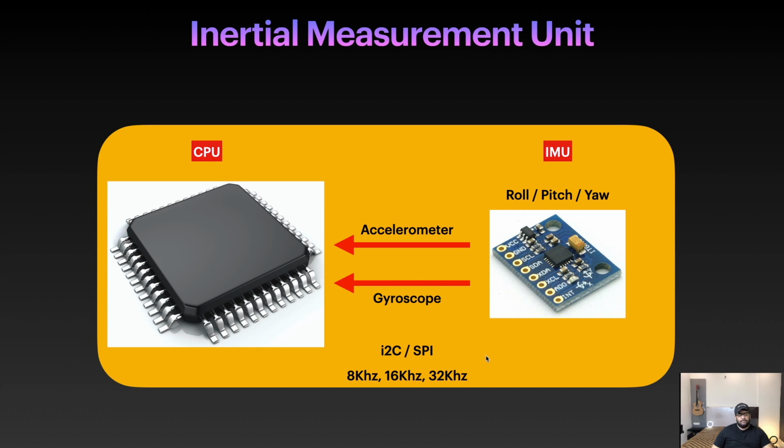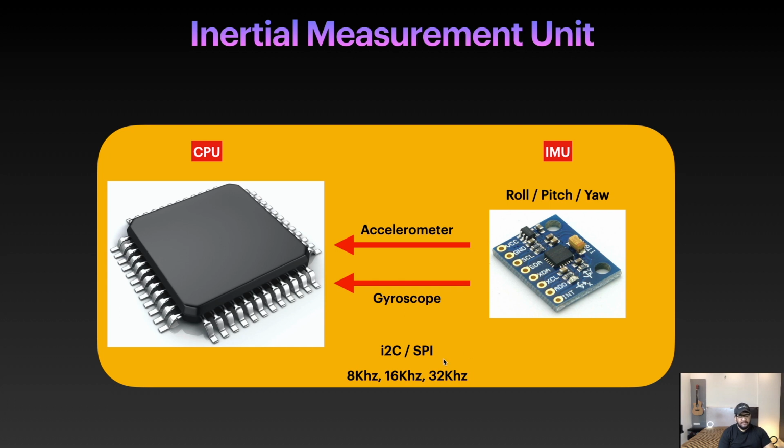So if you want a flight controller which has an IMU capable of sending 32 kilohertz data, then you will need an IMU which supports SPI. MPU 6050, which is a very common IMU, doesn't support SPI; it works on I2C. So you are restricted to an 8 kilohertz data rate. But if you want 32 kilohertz, you will need to go for an IMU like MPU 6000, I guess, which can do 32 kilohertz.